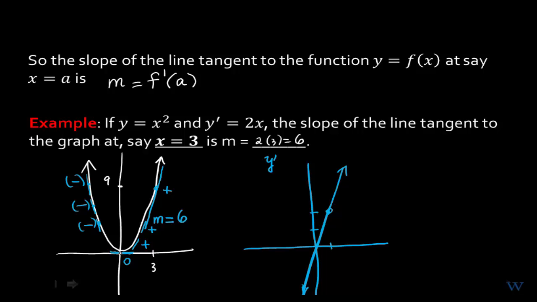And of course, when it passes through the origin, that's when the slope of the line tangent at the vertex is 0. And then, when x is equal to 3, remember y prime is equal to 6. That matches the slope of the line tangent to the curve at x equal to 3. There we have y prime equal to 2x.